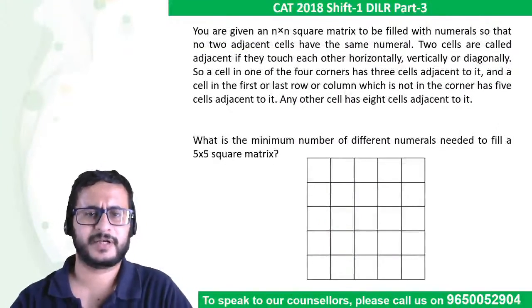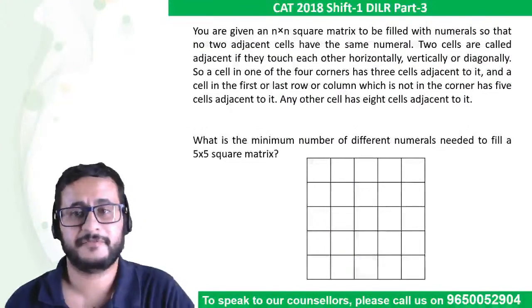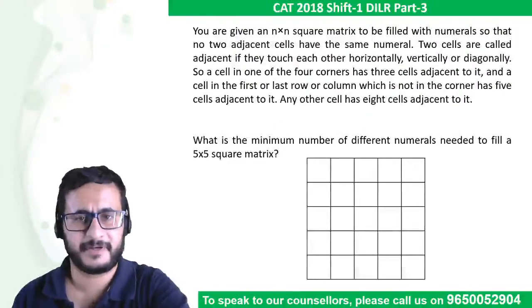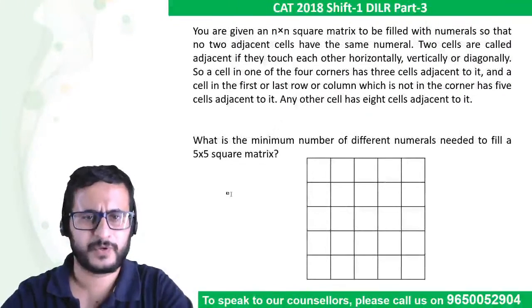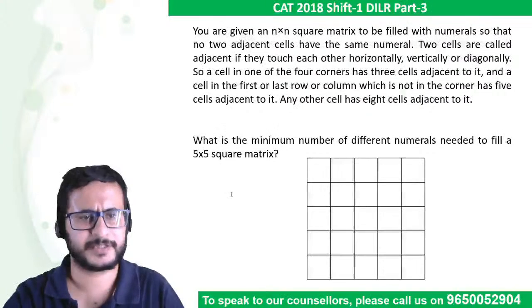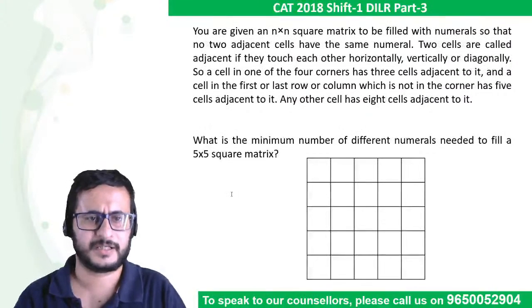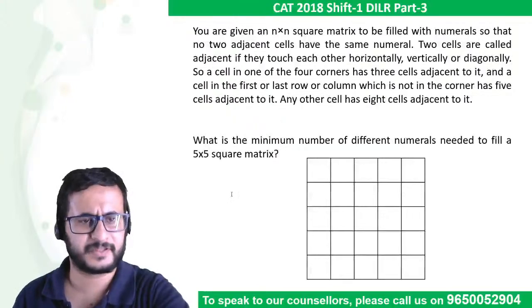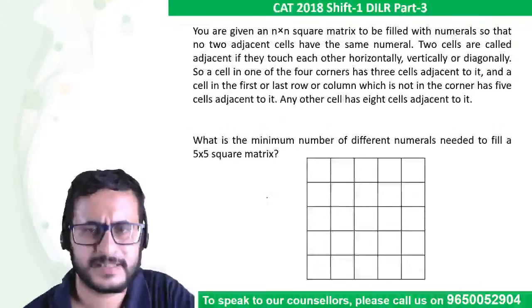Alright, so let's look at the next question. What is the minimum number of different numerals needed to fill a 5 by 5 square matrix? Now the square matrix has become larger, so it's not easy to fill. Let us see if we can fill with fewer numbers.